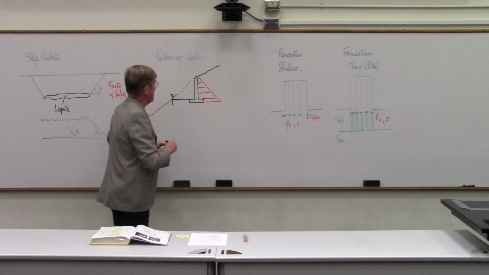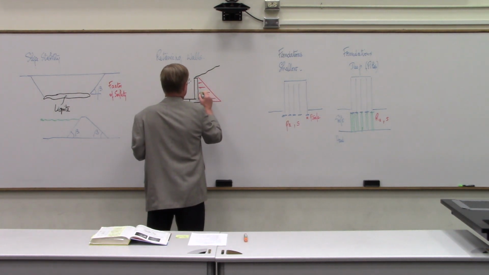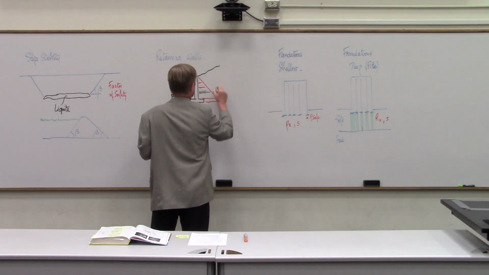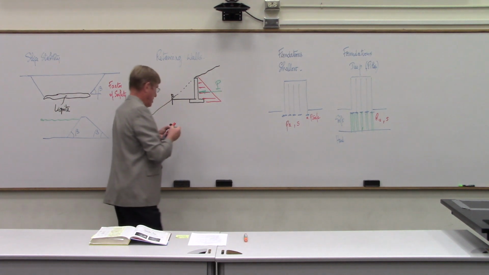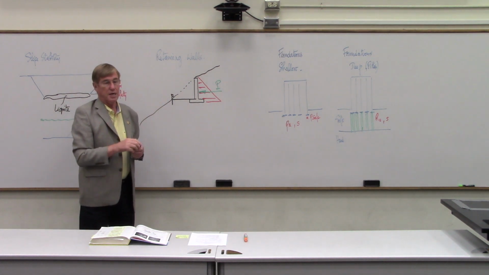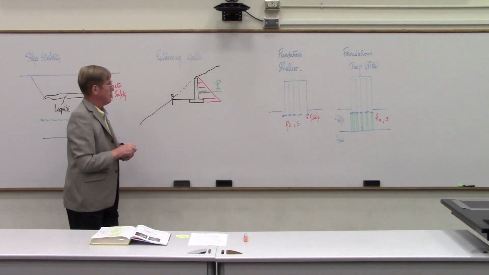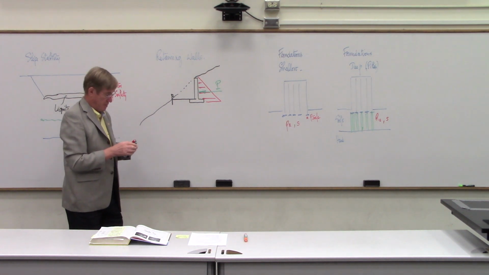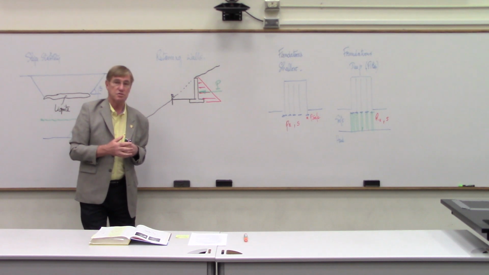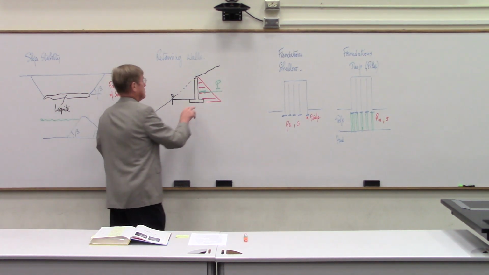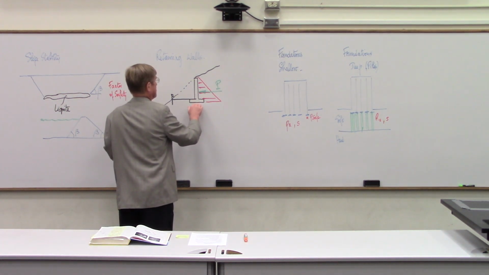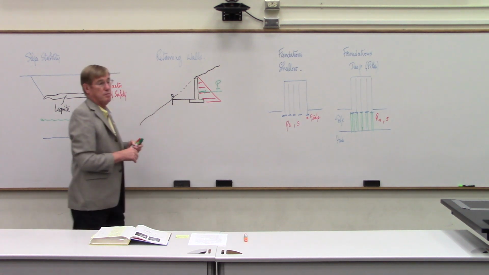And so there would be a resultant force, if you wish, here, P, that would have to be calculated by the geotechnical engineer. There are many different types of retaining structures. This is a structure that builds from the bottom up.